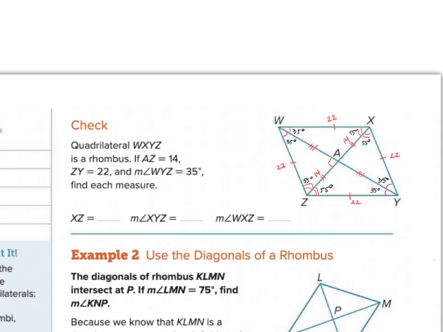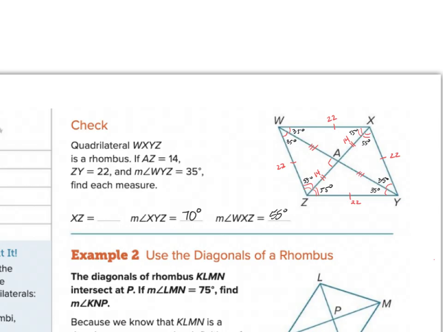Okay, let's see, have I gotten any of my answers here? The measure of XYZ is this entire corner. 35 plus 35 is 70. Then they asked me for WXZ. This angle right here we said is 55.